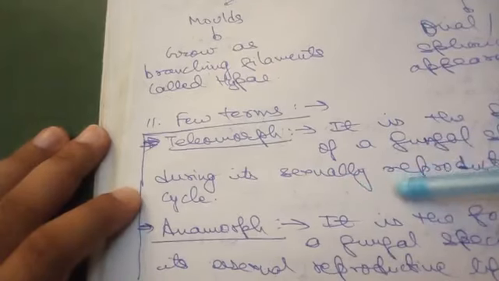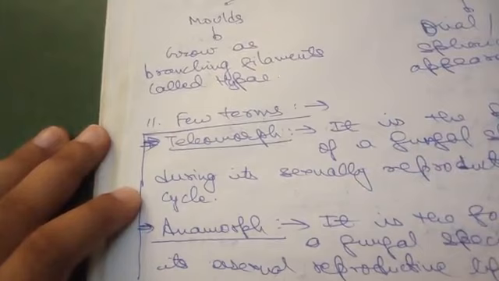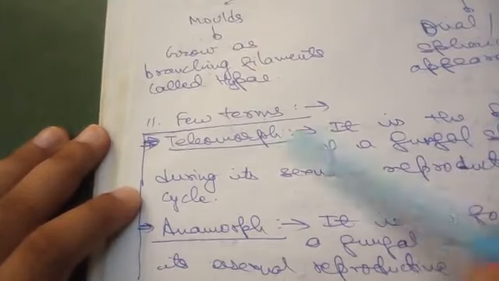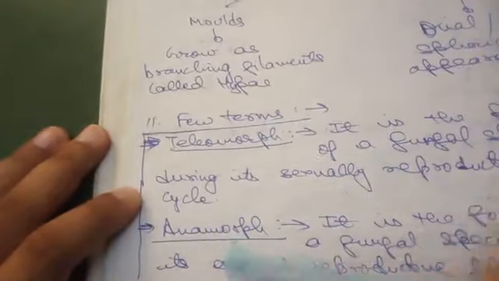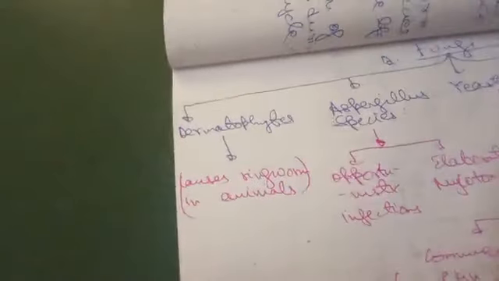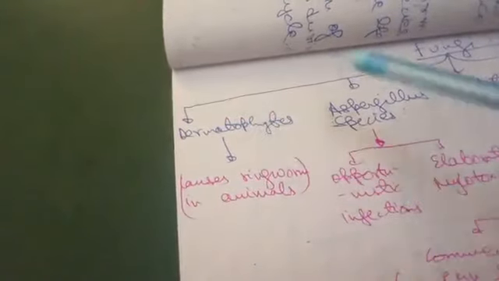When the fungus is reproducing sexually, that phase is represented by the term teleomorph, and when it is reproducing asexually, that is represented by the term anamorph. These two terms are important.